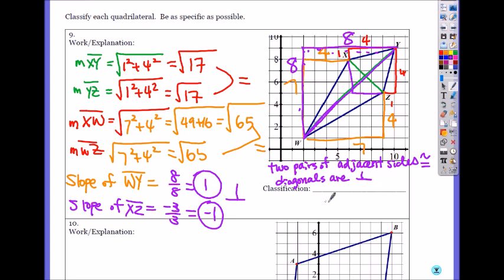Therefore, it is a kite. What does it say, really? Two pairs of sides are congruent. Diagonals are perpendicular. Therefore, you have to write the conclusion statement: therefore, it is a kite.